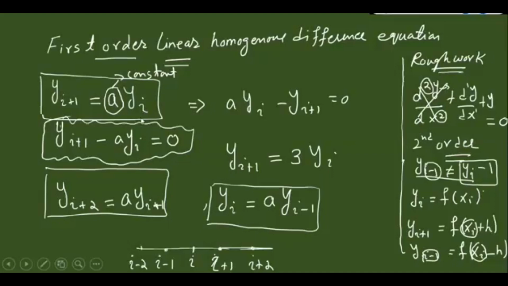If that is so, then we will say that our equation is first order, and linear means constants are multiplying it. And for homogeneous, if we take all the equation to one side, whatever we are left with is equal to 0. If it is possible, then we can say this difference equation is homogeneous.